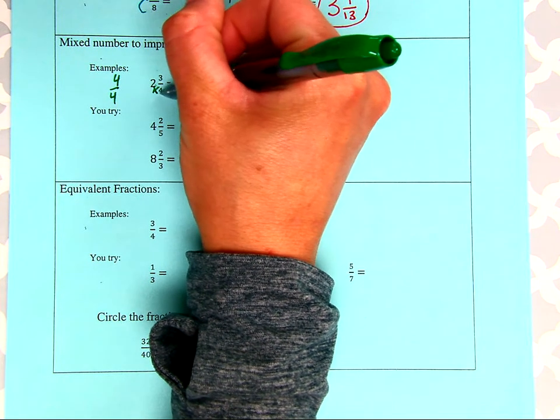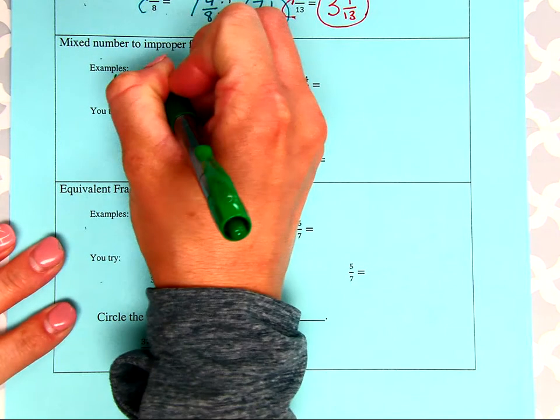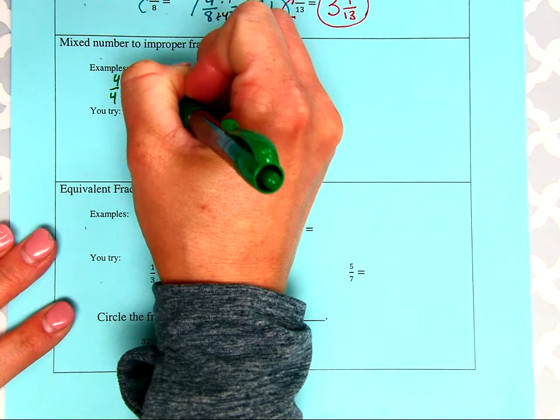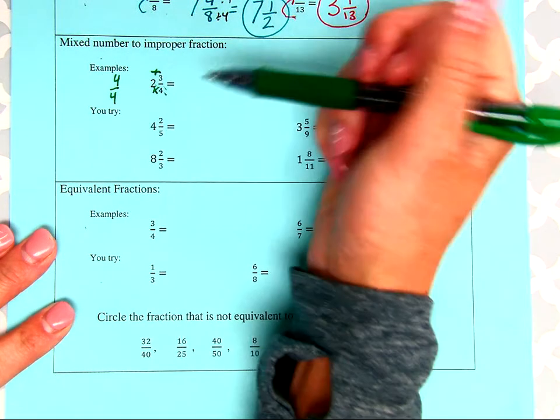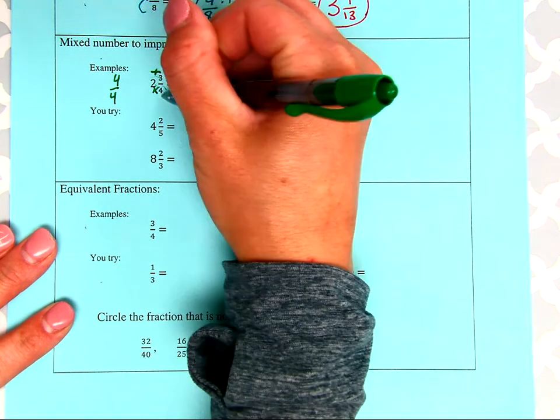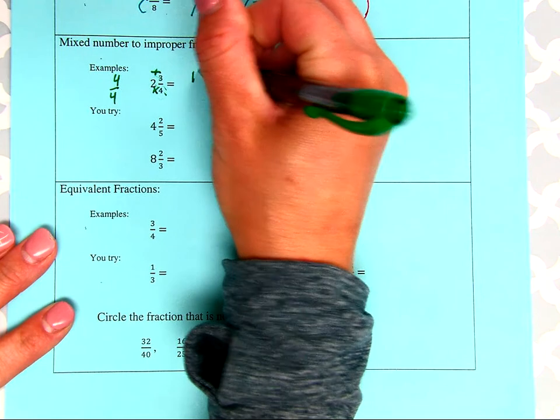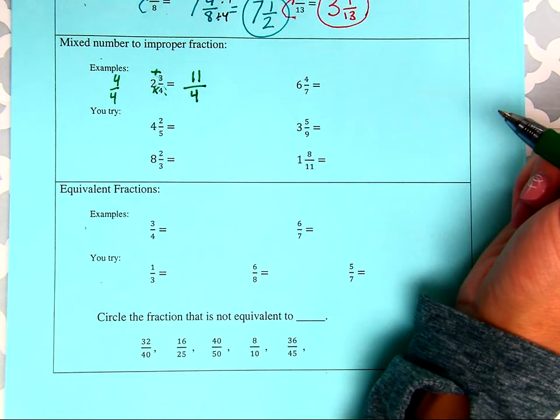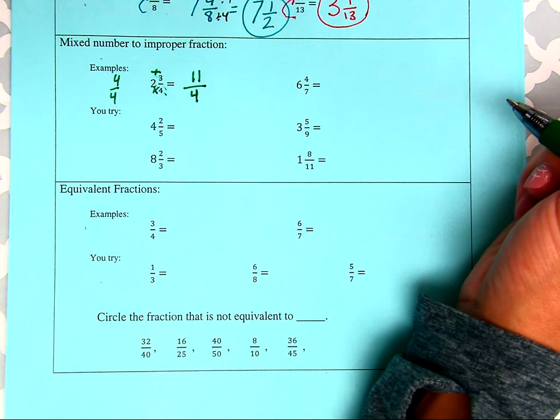So 2 times 4 is 8, and then I have to put that together with my 3. So I'm going to multiply the bottom and then add the top. Multiply the bottom, add the top. So 2 times 4 is 8, plus 3 gives me 11, and the denominator stays the same. So this is going backwards to the improper fraction.